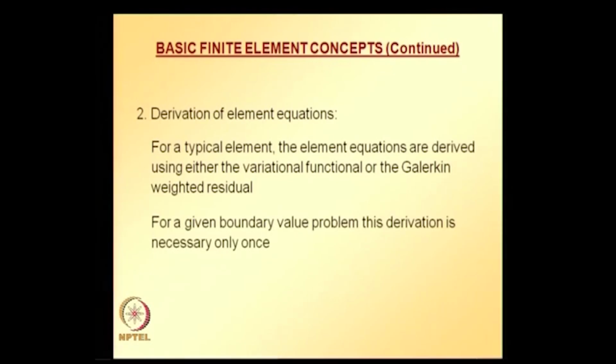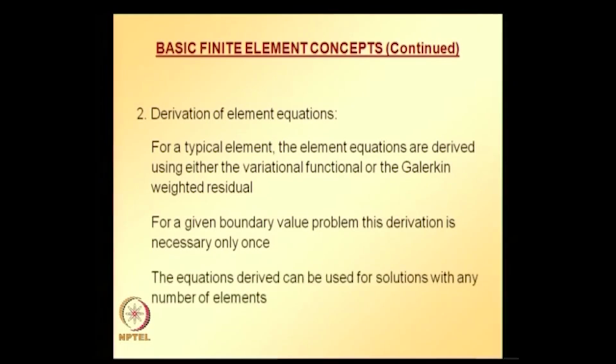For a given boundary value problem, this derivation is necessary only once, because you will see in a while, if you do it for a typical element, that is enough. The solution derived can be used with any number of elements, whereas this kind of thing was not there in the earlier procedure.